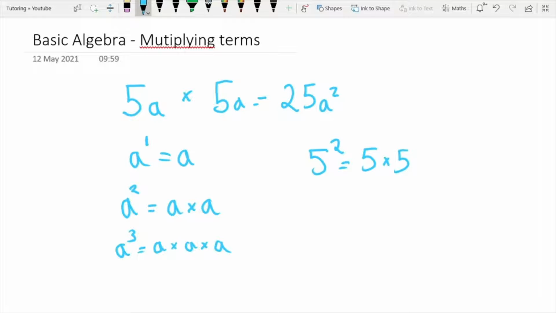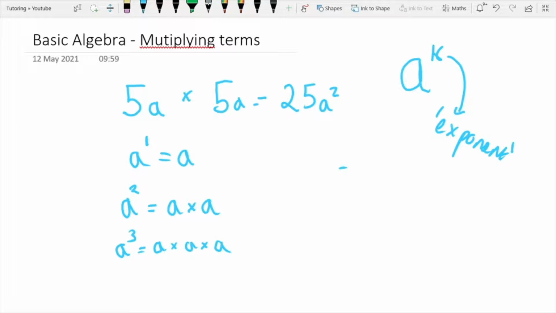And you can think of a as being a to the 1. So let's write this here. If we have a to the k, the k is called the exponent, and it means how many times the base is multiplied by itself, and the a is called the base.